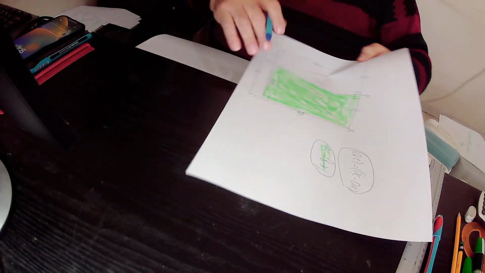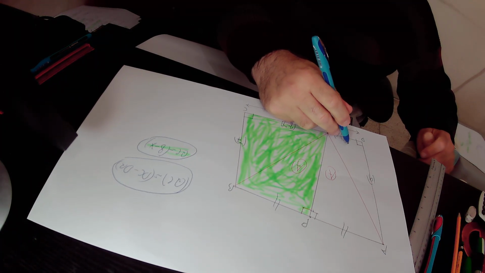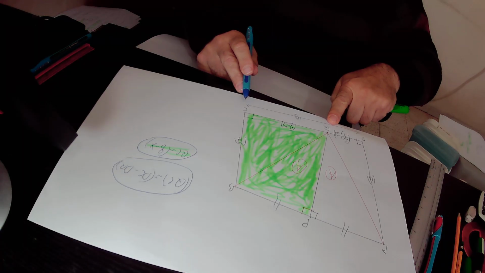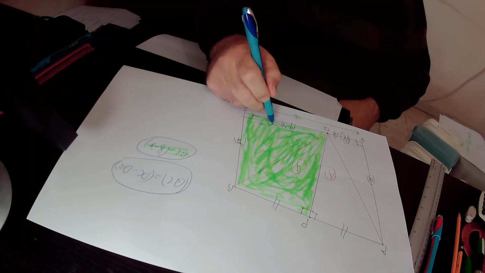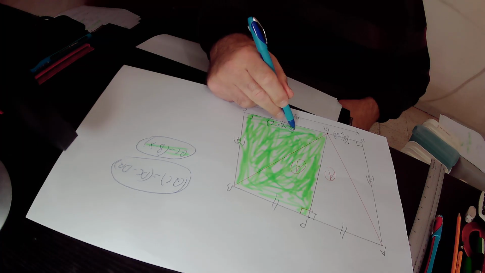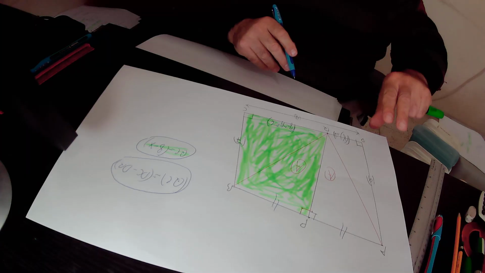As you know, QC equals 8 minus x, so 8 minus 2, that is 6. So we now know that DQ equals 2 units in length and QC equals 6 units in length.